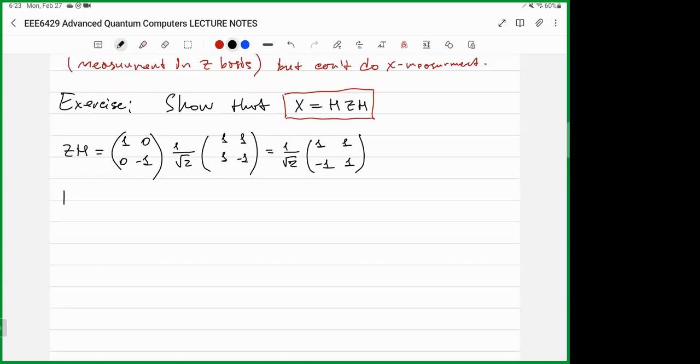And now for the HZH, I'll get 1 over 2 now, and H is (1, 1; 1, minus 1), and ZH is (1, 1; minus 1, 1).